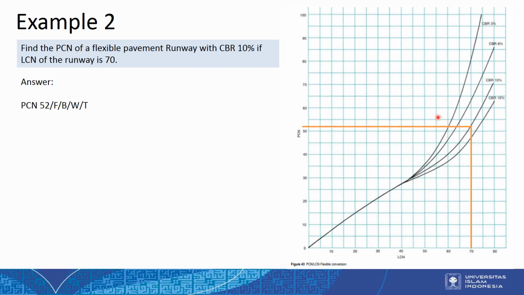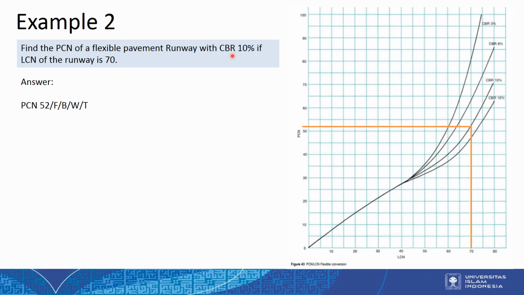Is it for the flexible or the rigid pavement? This is the chart for the flexible conversion, so we already use the right chart here. Then we should know about the CBR.